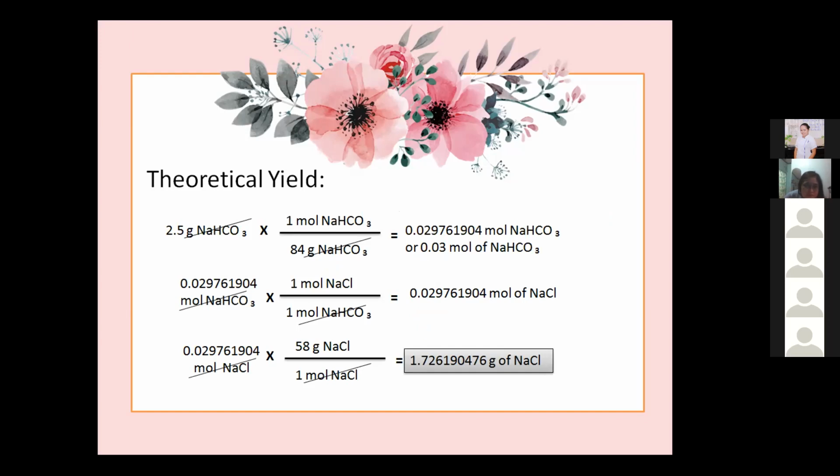So we will go step by step. The weight of sodium bicarb, 2.5 grams, we divide by the molecular weight of 84 grams, so we got 0.029761904 moles of sodium bicarb.